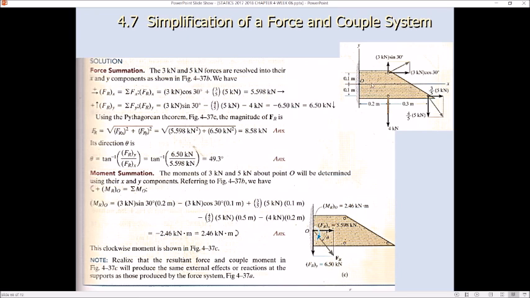Here, moment about point O for 3 kilonewton sine 30 degrees is 0.2, which is counterclockwise. And then for 3 kilonewton cos 30 degrees, it is 0.1 with respect to O. You also apply the similar concept for each of the forces. Finally, you will get negative 2.46 kilonewton meter, which is in a clockwise direction.